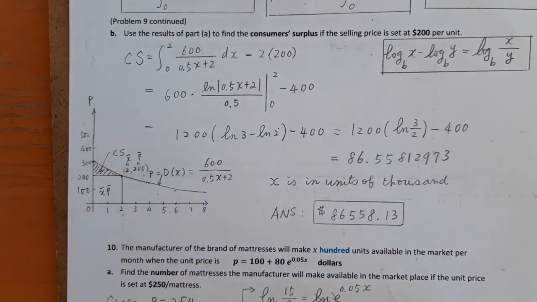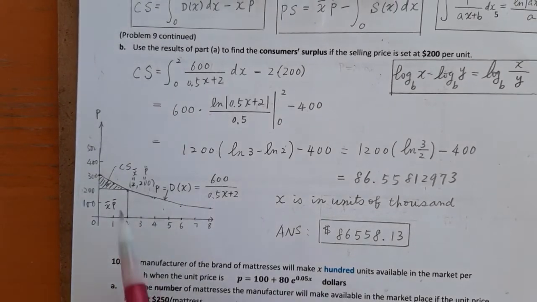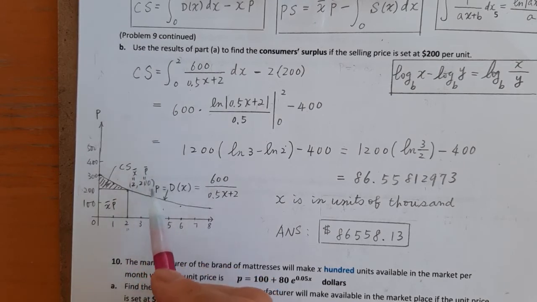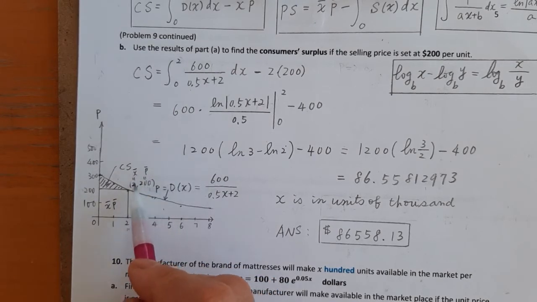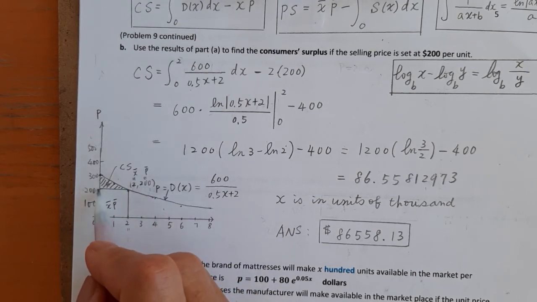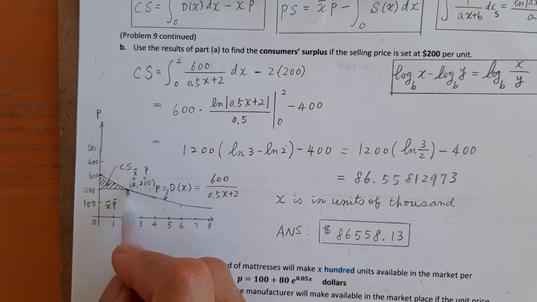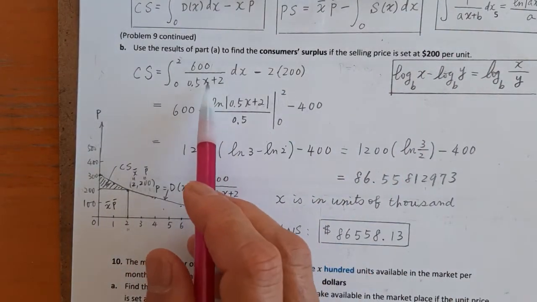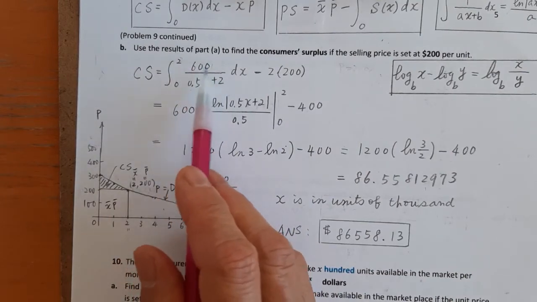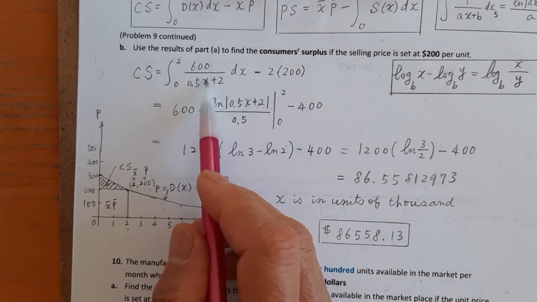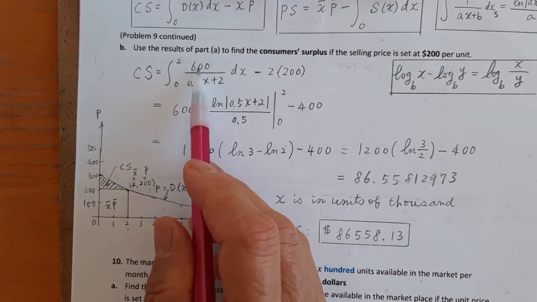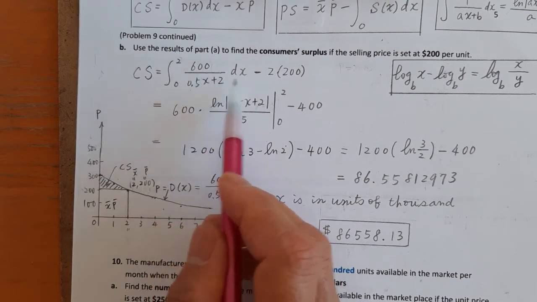When the selling price, P bar, is 200, the demand quantity, X bar, is 2, which is this point. And the demand function, this function, beginning when X equals 0, 0.5 times 0, the denominator is 2. 600 divided by 2 is 300.